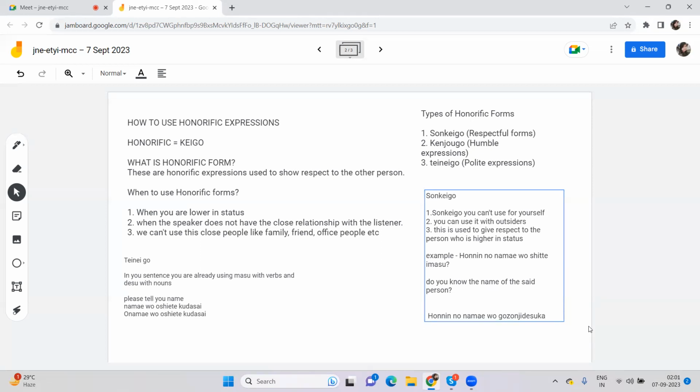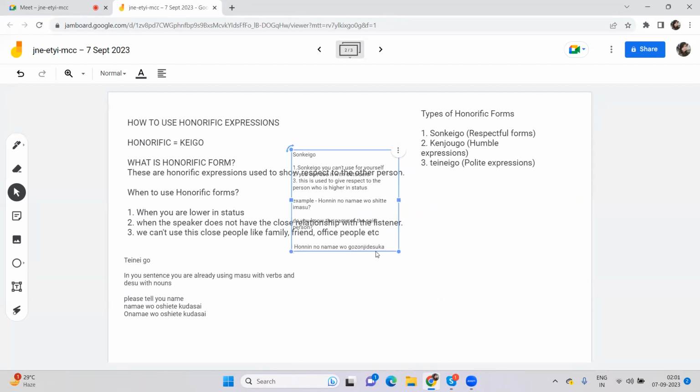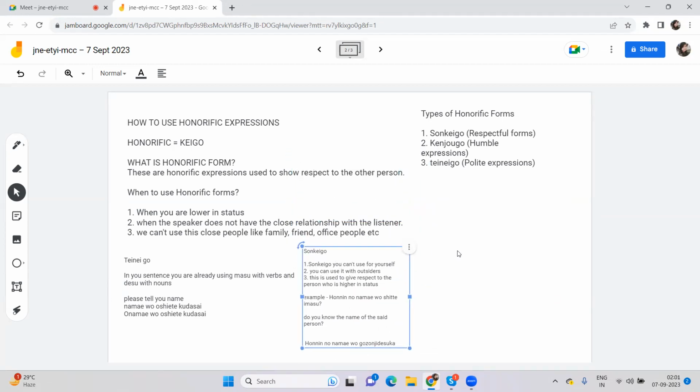So it is already written that the sonkeigo of shitte imasu ka is gozonji desu ka. So, honnin no namae o gozonji desu ka? This is sonkeigo. I am putting this box here. I hope you have already written about it.